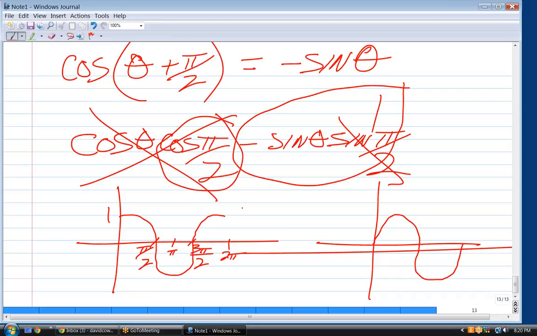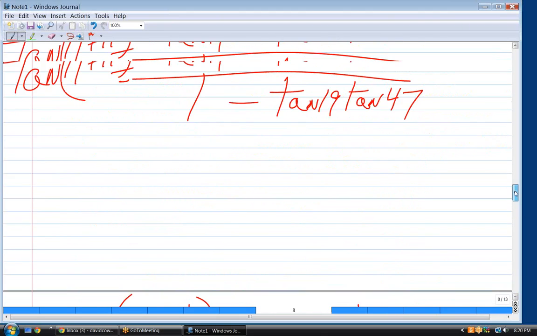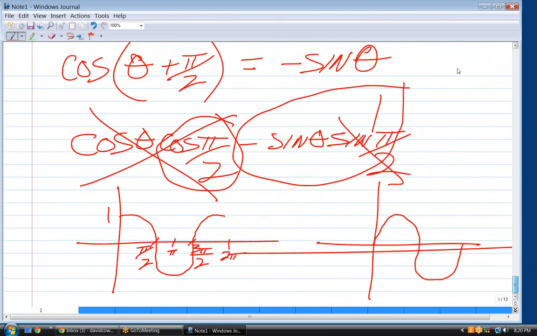Now there are other ways to memorize the sine, cosine, and tangent of the quadrantal angles. Those are 90, 180, 270, 360, in other words, any multiple of 90. Notice that these two triangles aren't a lot of help with that.